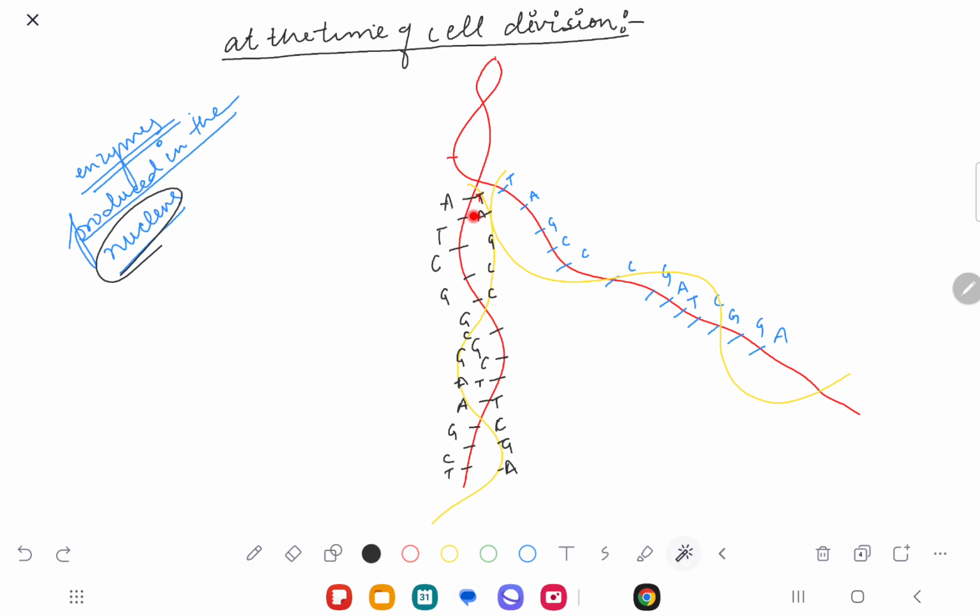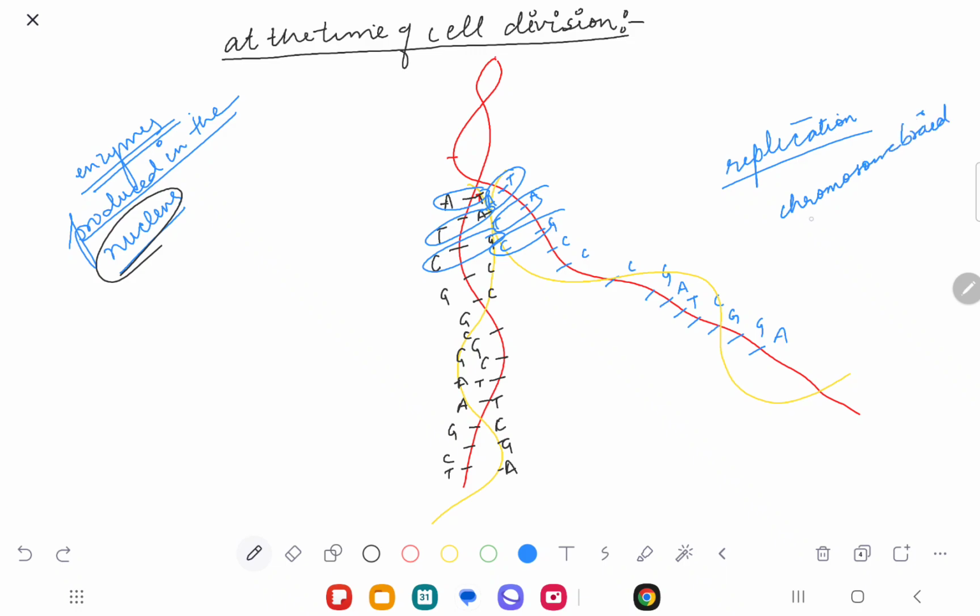Now just have a look here. Don't you think that this particular chain would exactly be looking like this? Right in front of T would have been A here, isn't it? So do you agree that in both the chains AT is same, TA is same, CG is same? So this is called duplication. This is called replication. So what exactly happens? The chromosome braid basically opens up.